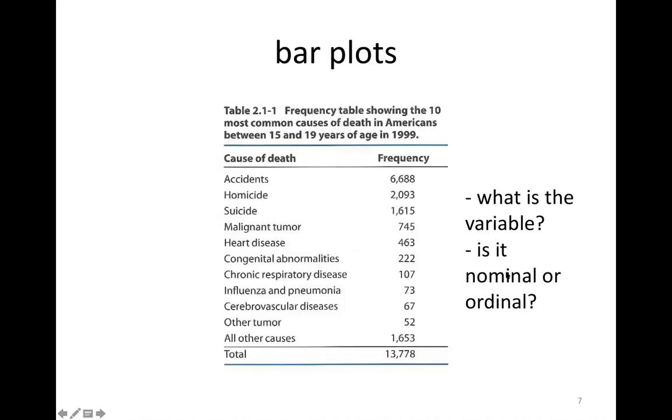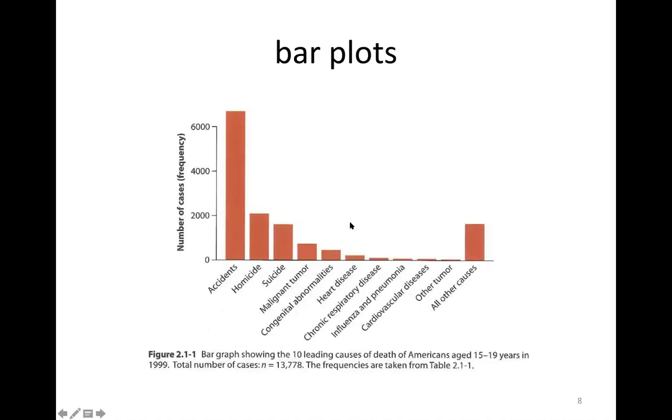Instead of showing it as a table, we can show it as a bar plot, which, as you see, conveys the information of how dominant accidents are among all deaths. This is conveyed pretty efficiently in this graph.